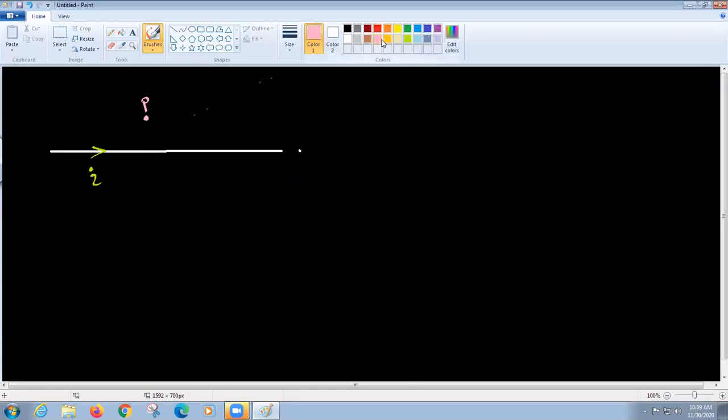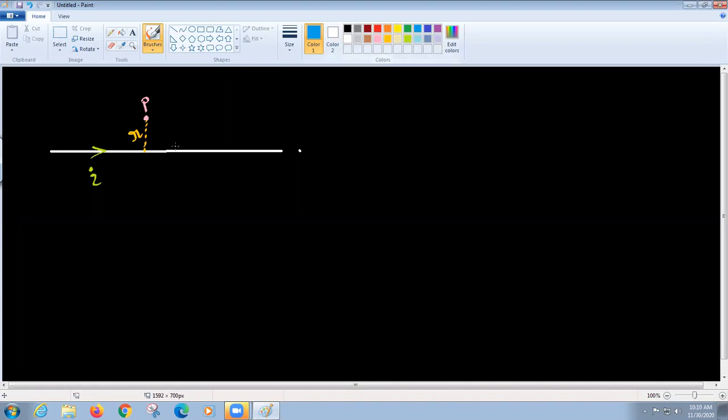Now this point P is at a distance R units from the white conductor. Now let me take a path like this. I don't say it is an Amperian path, but it's a path now.